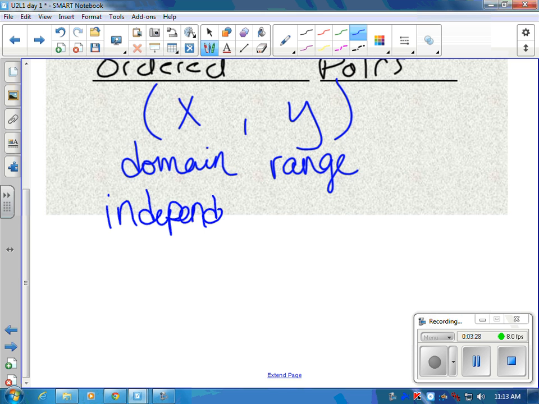That's not the only, so keep looking. One way is to refer to the X as the independent, and Y is the dependent. The Y value depends on the X value. So whatever our X value is, that's going to tell us what the Y value is that goes with it.